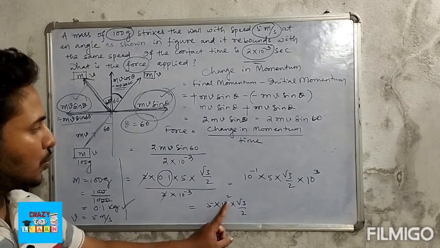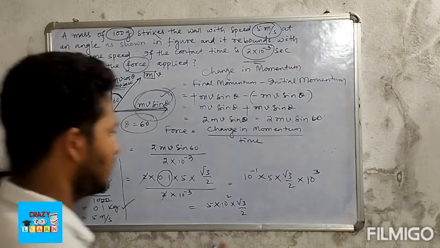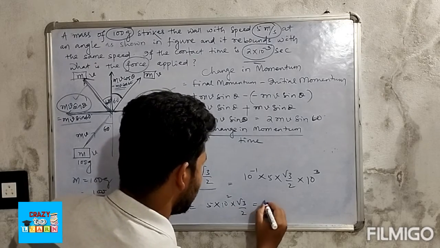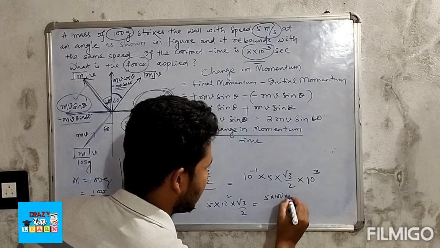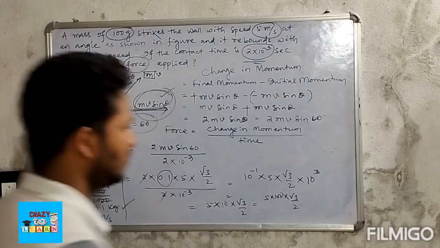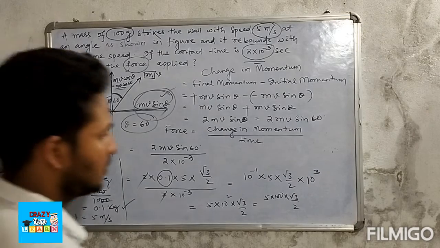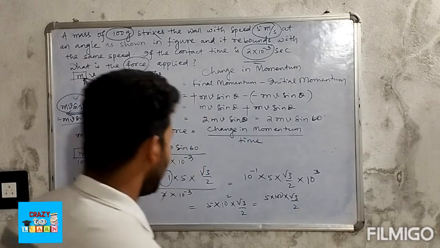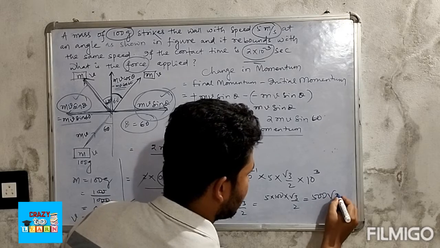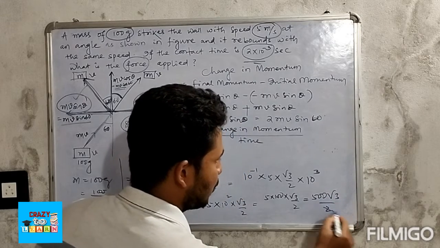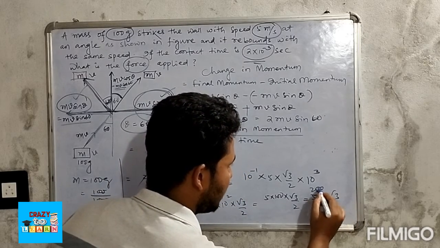10 to the power 2 means 100. 5 into 100 into root 3 by 2. 5 into 100 means 500 root 3 divided by 2. 500 divided by 2 gives 250.